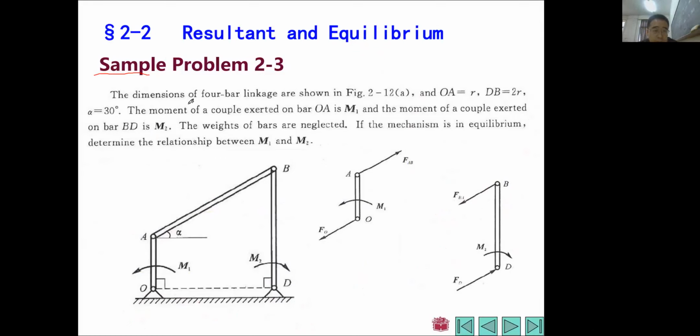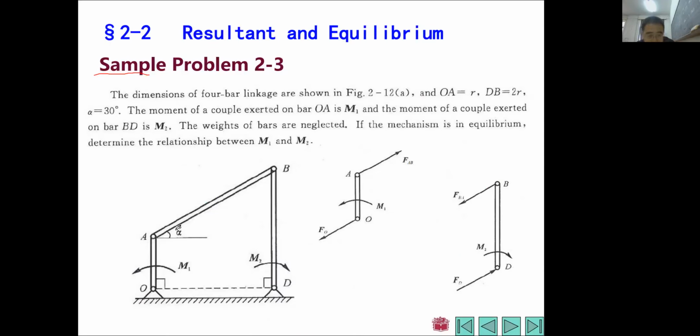The dimensions of the four-bar linkage are shown here. We call it the four-bar linkage: OA, AB, BD. Actually, this OD is the frame that is always fixed, never moves, right? You see, it tells us that the length of OA is R, and BD is double R, right?